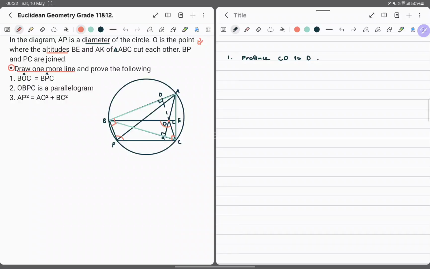So how does our construction help us to deal with this matter right here? Well, there's an issue at hand. Let me show you where the issue is. What you will notice is that we've got a cyclic quad, ABPC, because all vertices touch the circumference.